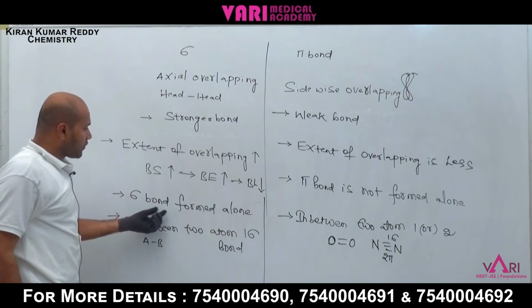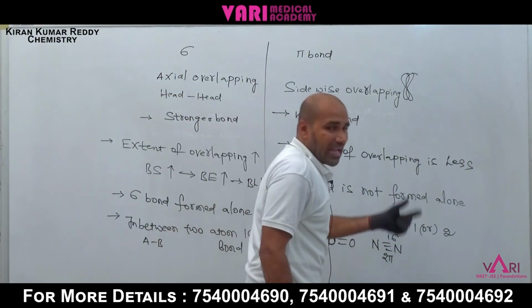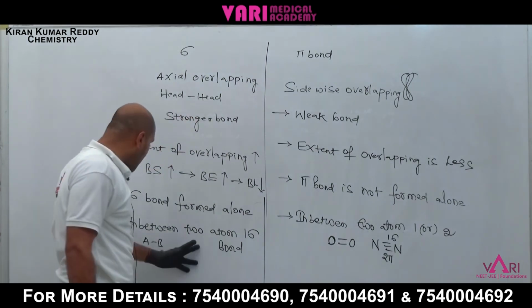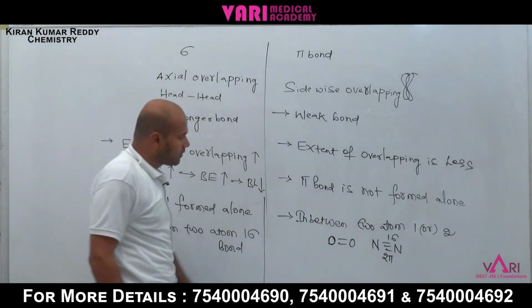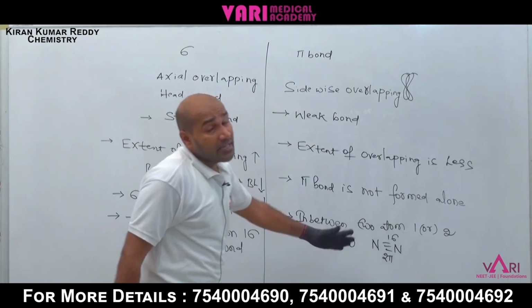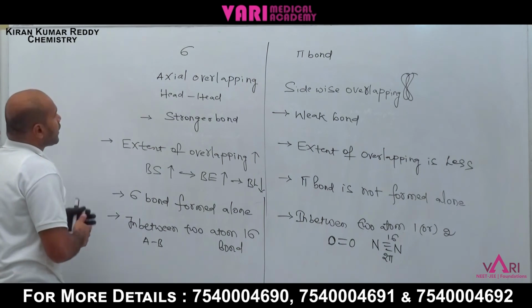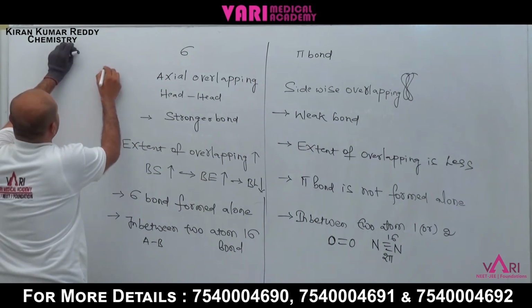Now sigma bond is formed alone and pi bond is not formed alone. Between two atoms, one sigma bond is formed. Between two atoms, one or two pi bonds are formed. Next, sigma bond rotation is possible.